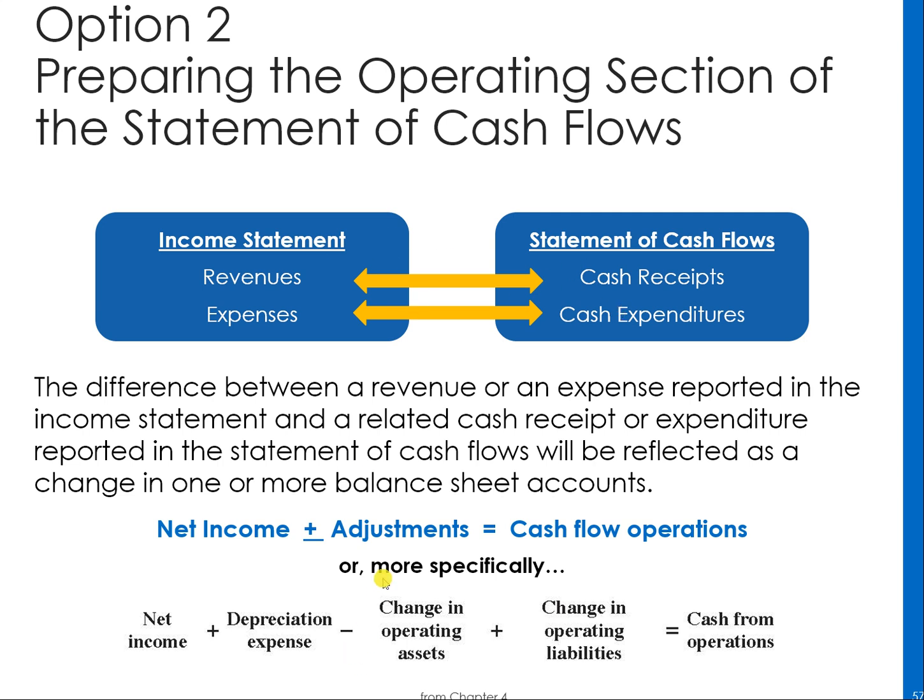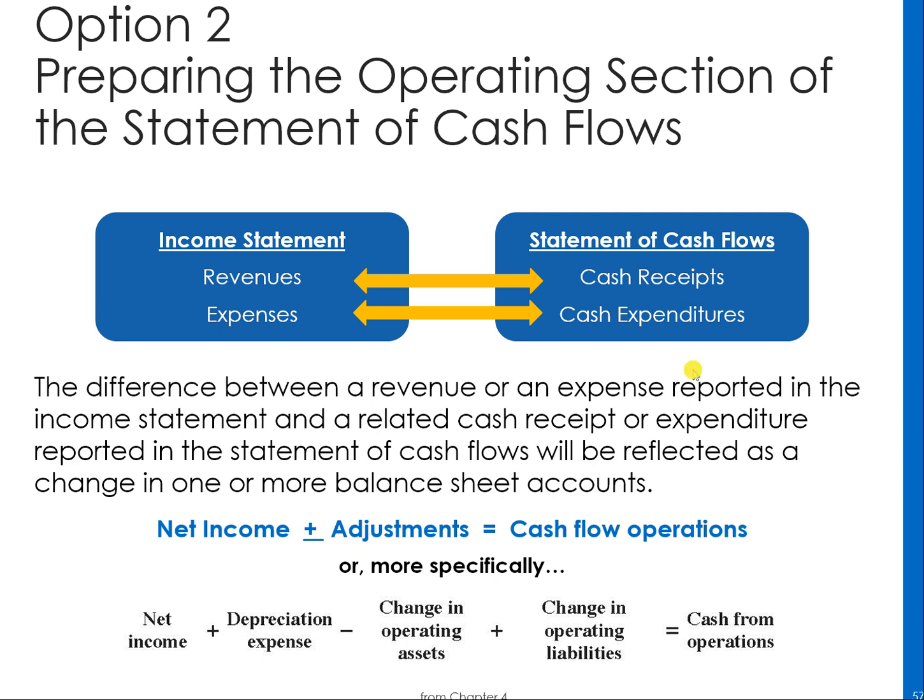So to summarize the differences, how can we convert net income to cash from operations? We add back any non-cash expenses, like depreciation expense.